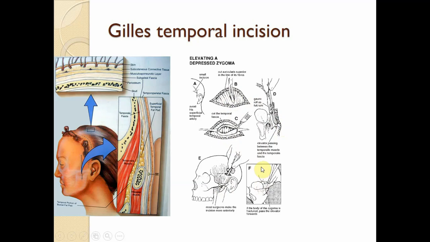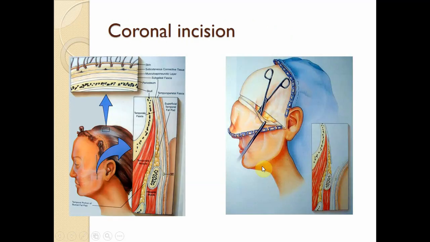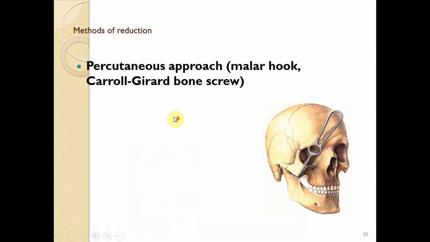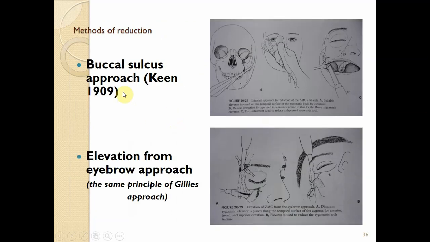These are the two instruments you use: one is the Rowe zygomatic elevator and the other the Gillies elevator. Then the coronal incision is used in multiple fractures, like Le Fort 3 or with zygomatic arch fracture or frontal bone. I already mentioned the Rowe zygomatic elevator, malar hook.